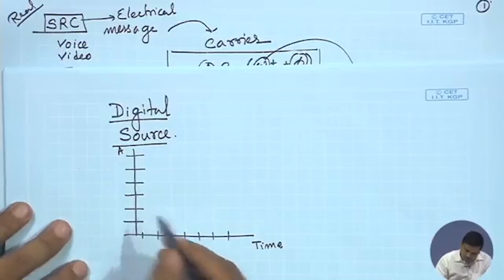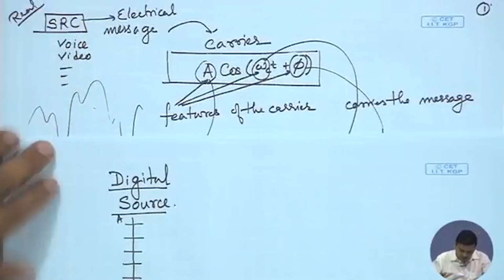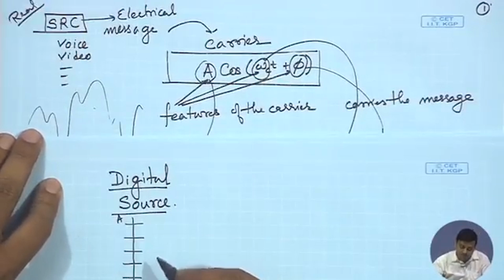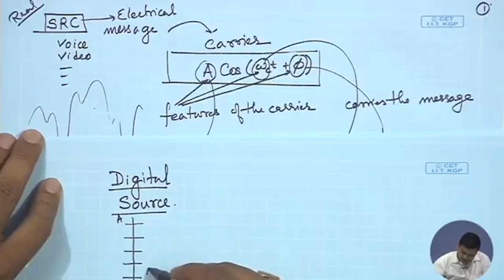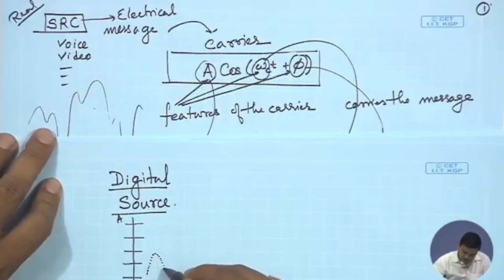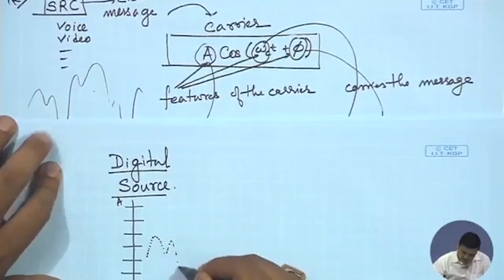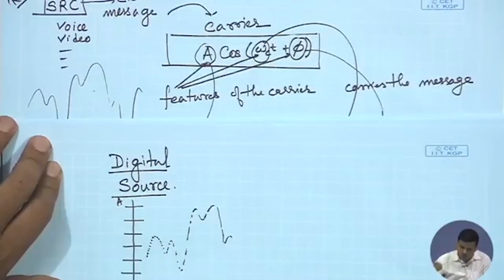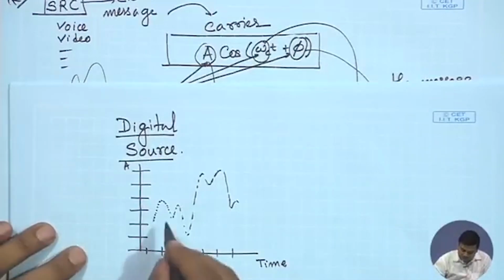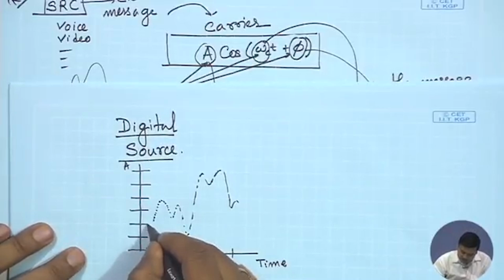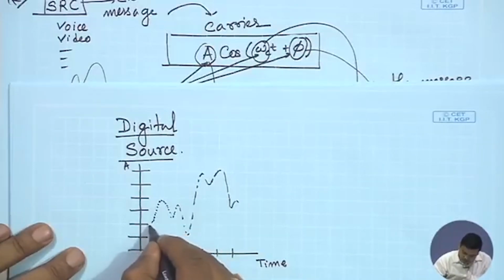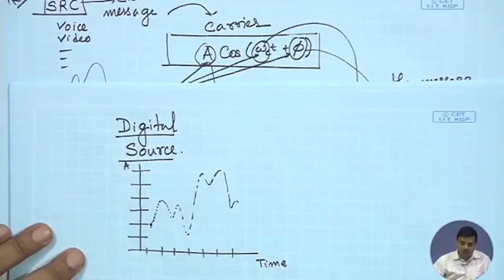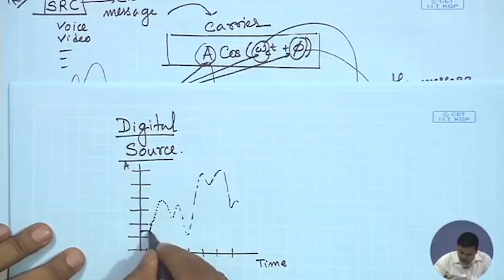That means suppose I take this particular picture and I draw it here. It may not be exact, but it's somewhat similar to what we have. So to convert it to digital, let's say in this time instant, I would choose the value which is given by this. At this instant of time, I would choose this particular value.